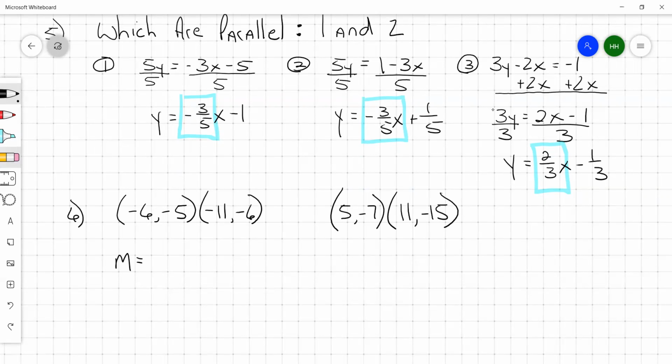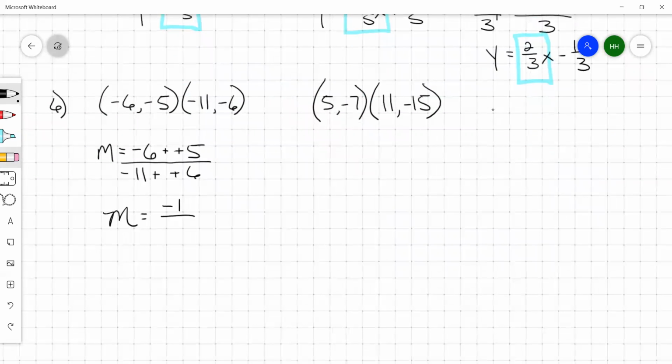So the slope of this first line is going to be -6 minus -5 divided by -11 minus -6. So -6 minus -5, that's going to be -1 over -11 plus 6, that's going to be -5, and -1 over -5 is +1/5. So there's the slope of your first line.